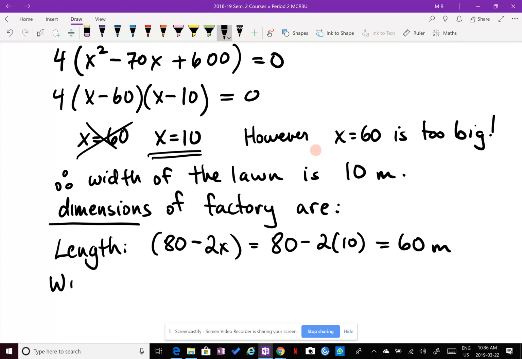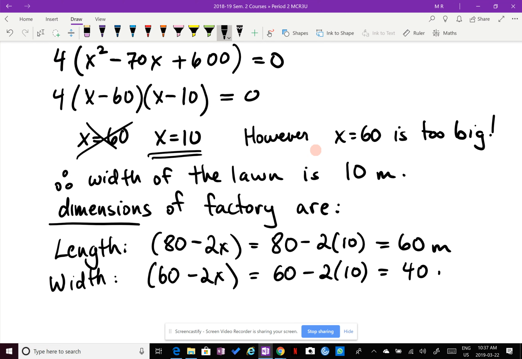And the width of my factory is 60 minus 2x, which is equal to 60 minus 2 times 10, and that's 40 meters.